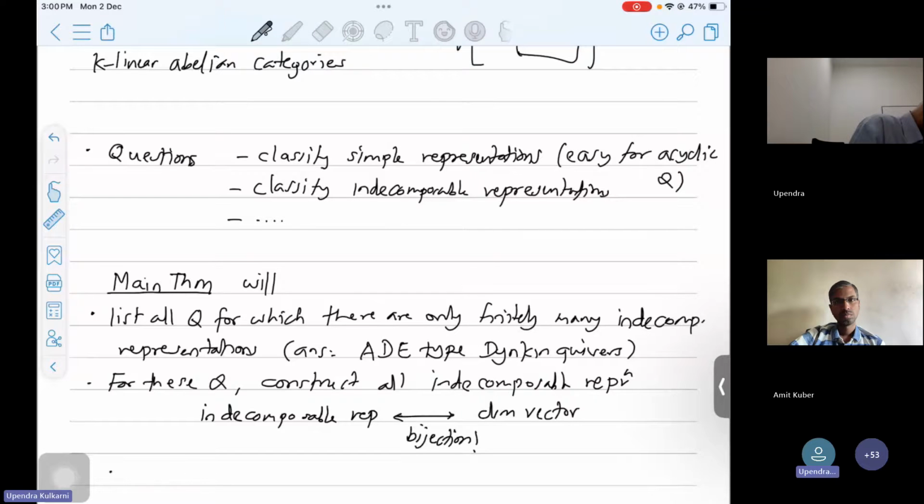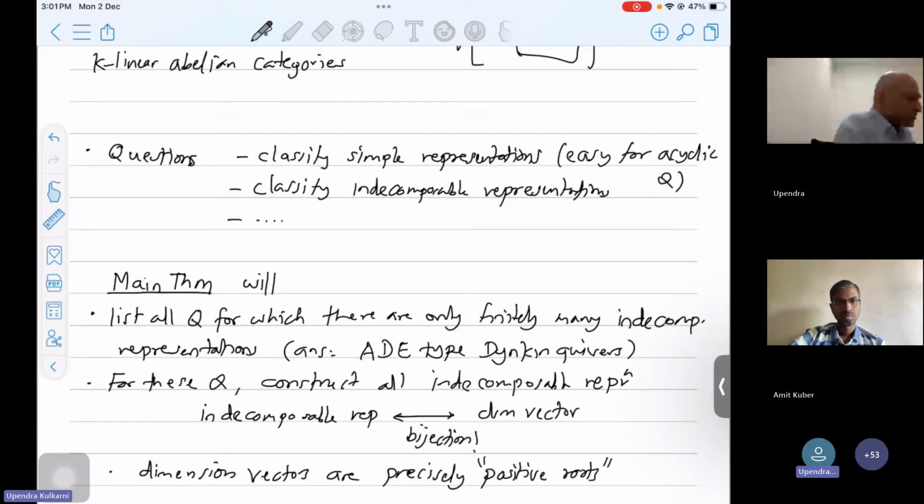And moreover, the dimension vectors are precisely the positive roots in the corresponding root system. So remember earlier on I said that we are going to be meeting root systems.